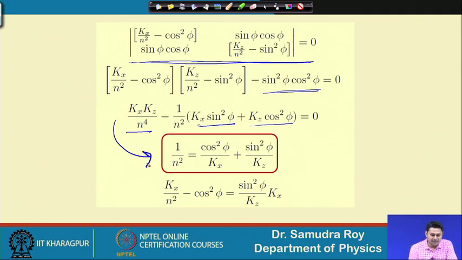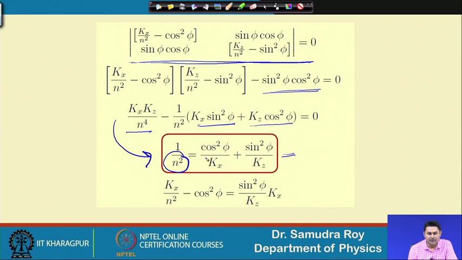Because this equation suggests that the value of refractive index for the non-trivial solution of kx and ky, obviously kz. So, from that we get one very important equation, which suggests that 1 by n square is equal to cos square phi divided by kx plus sin square phi divided by kz. Very easily one can derive this equation from this determinant.